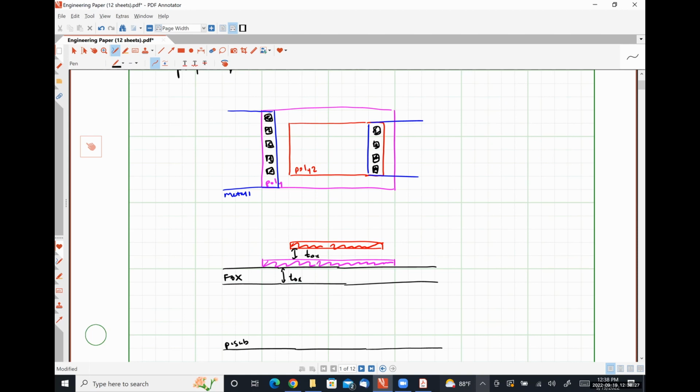As discussed in last class, the spacing between the poly 2 layer and the poly 1 layer is approximately also the oxide thickness between the poly 1 layer and the substrate.